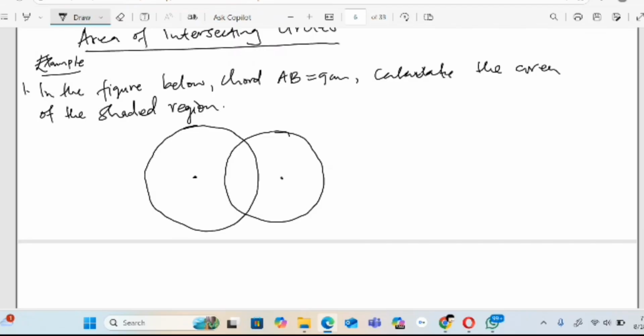So this is the diagram. You can see the way they are intersecting.